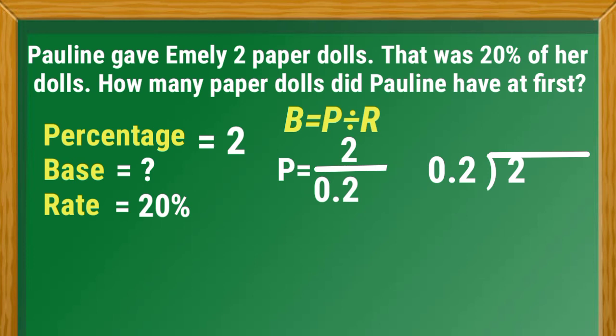But remember, you cannot easily divide a number with a decimal in our divisor. We have to make it a whole number by moving the decimal point to the right. We will move it once. That is 2. And what will we do in our dividend? We also need to move the decimal point in our dividend.